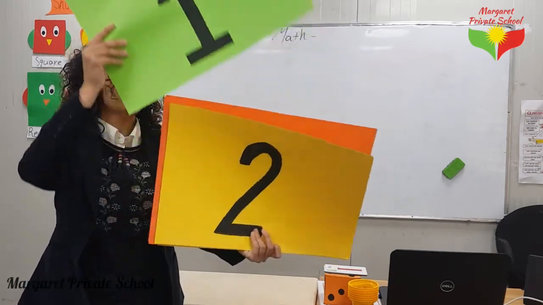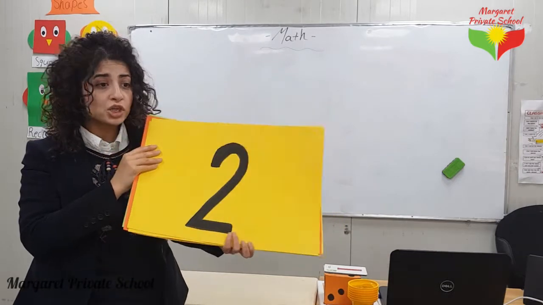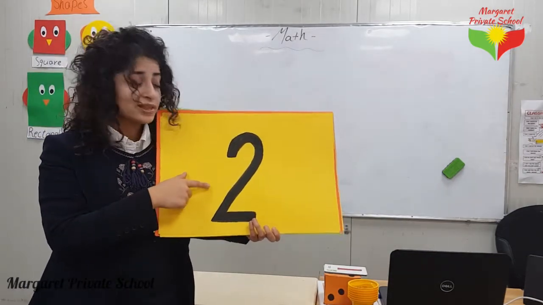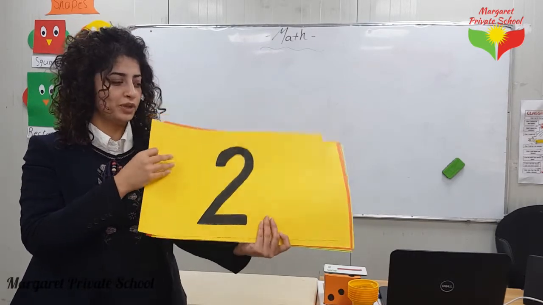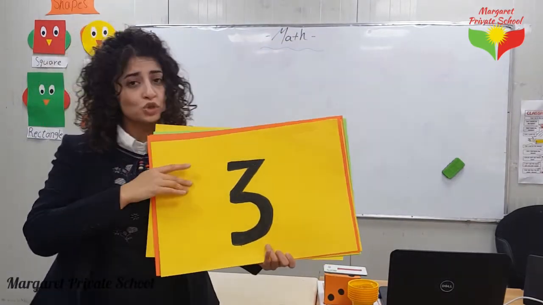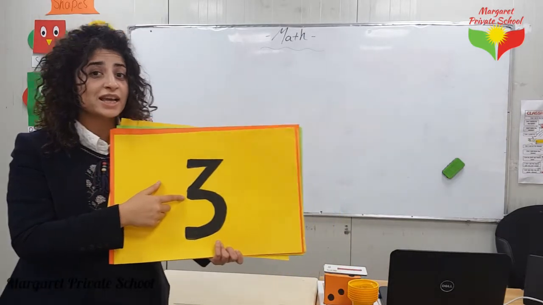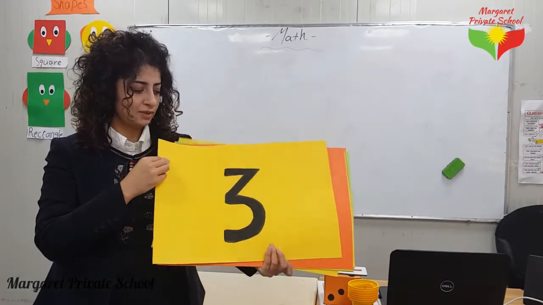And after number 1, we have which number? This is number 2, right? Yes, well done. After number 2, we have which number? This is number 3, right? Of course, this is number 3.